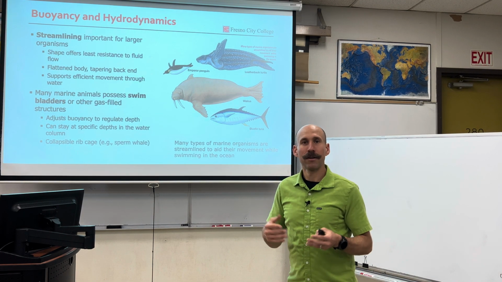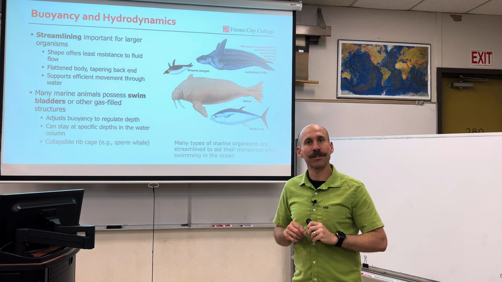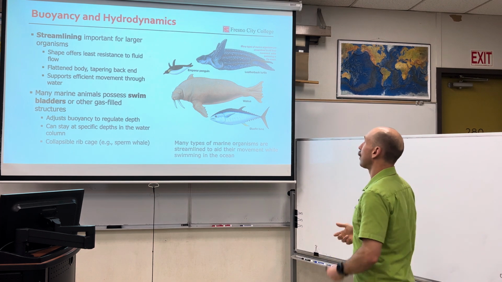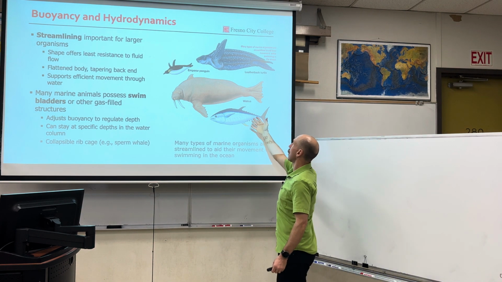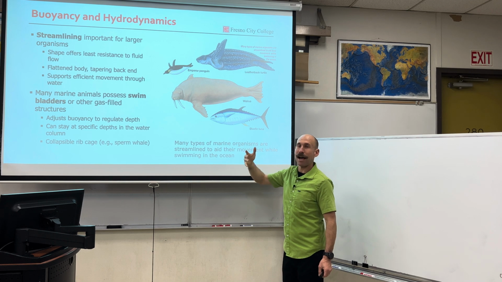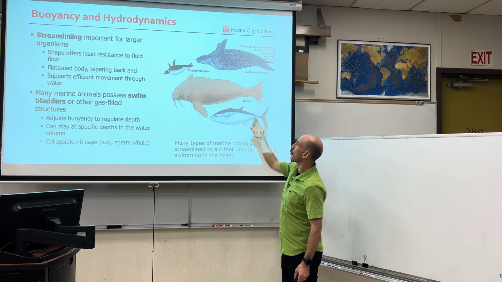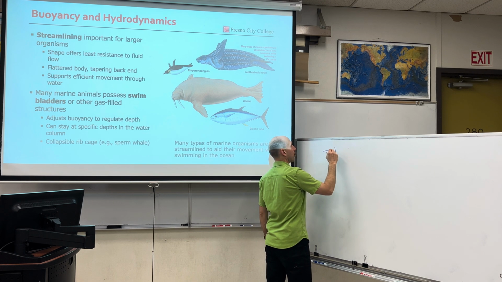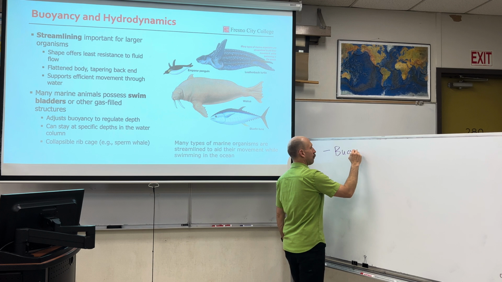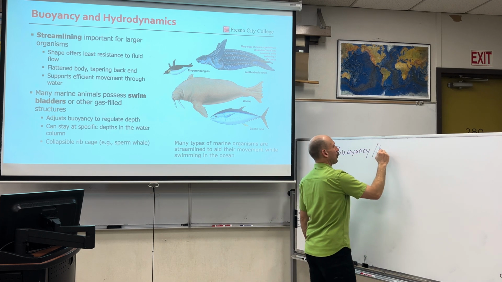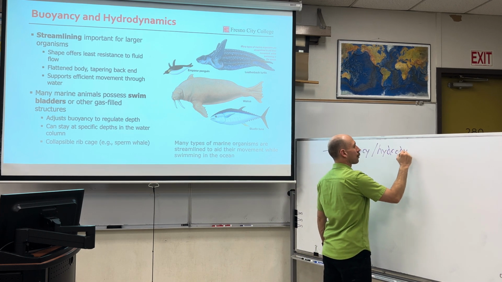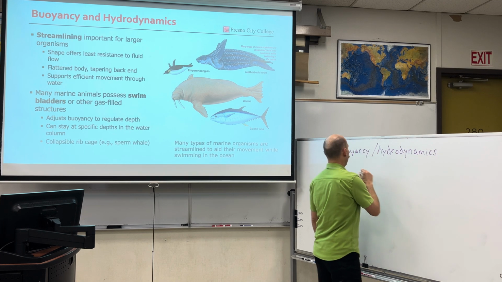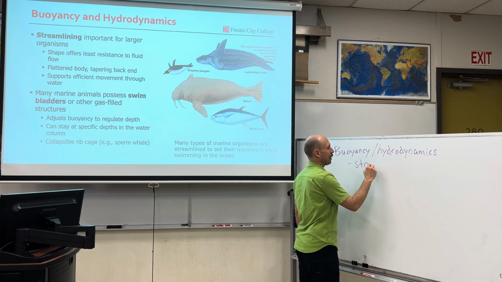So there are three classifications of marine organisms: floaters, swimmers, and bottom dwellers. Now, swimming is an adaptation. Animals that swim in the ocean do so through, we'll call this buoyancy, hydrodynamics, through this process of changing the shape of their body over time to make it easier to swim through the water.